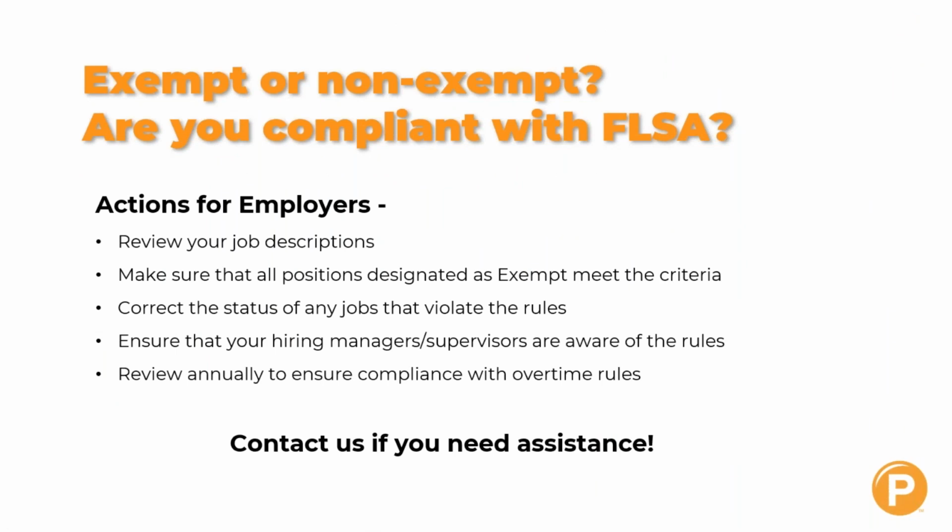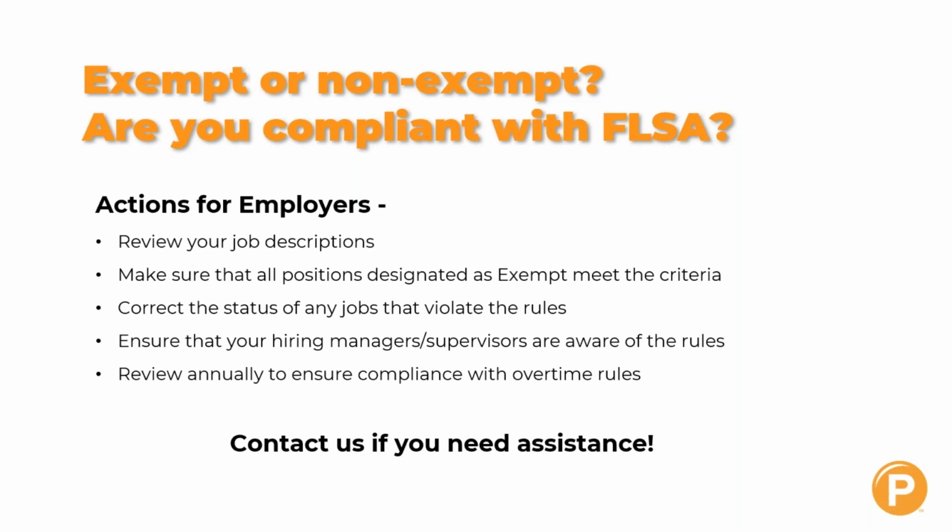So what should you be doing right now? Number one, look at your job descriptions. And I bet probably at least 40% of you are saying, we don't have job descriptions. Well, you need job descriptions because that's where things start. Make sure that all your positions that are designated as exempt meet the salary test and the duties test.